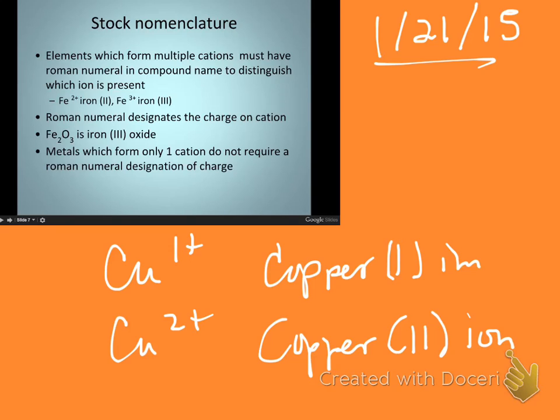They obviously have different charges, and that means they form different ratios in ionic compounds. So when we're doing this, we can't just say, that's a copper oxide, but the question is, which copper oxide is it?